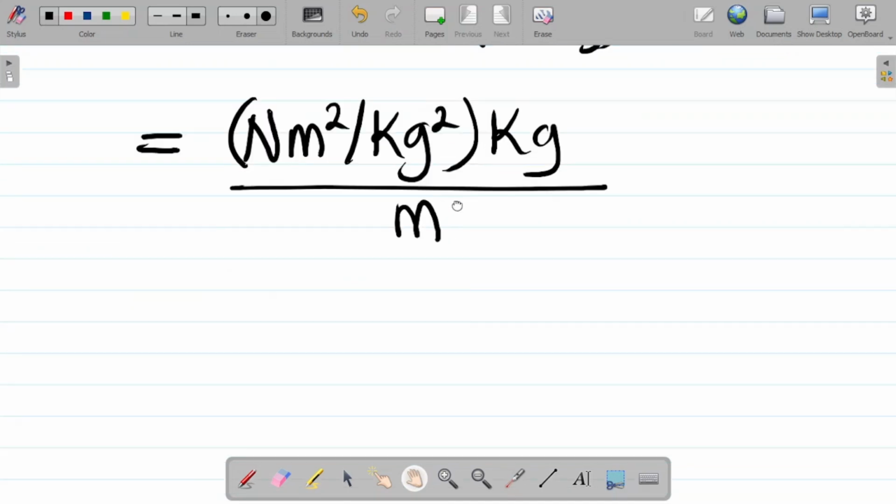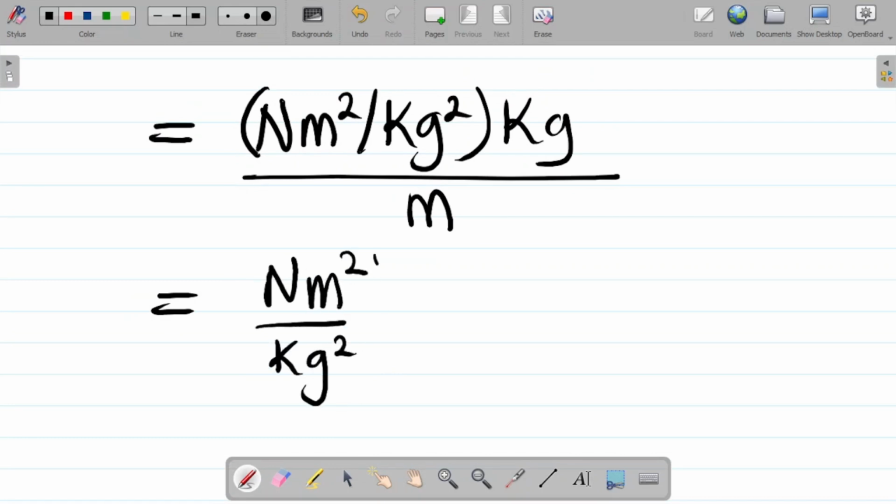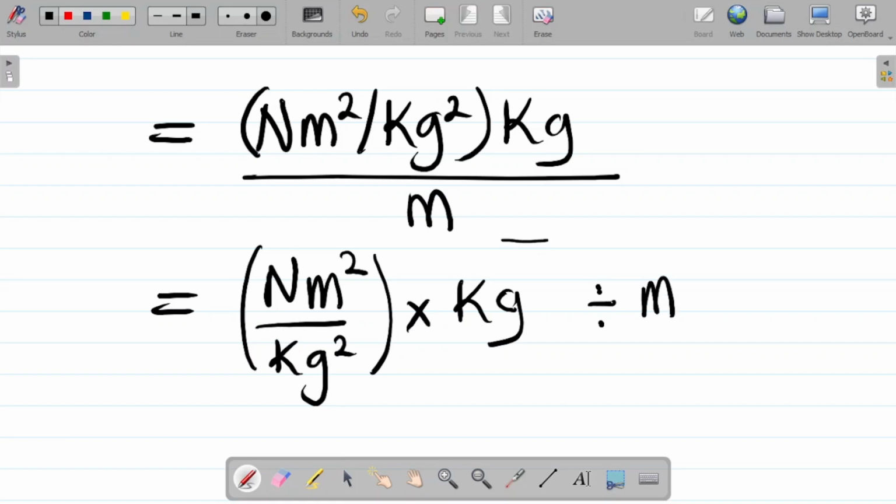All right, let's see how we can play with this. Let me rewrite this as Newton meter squared all over kilogram squared, so you can see it clearer, times kilogram, all divided, of course, by meters. So this is a better expression of that.